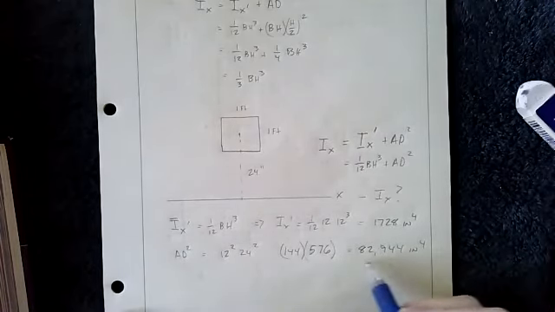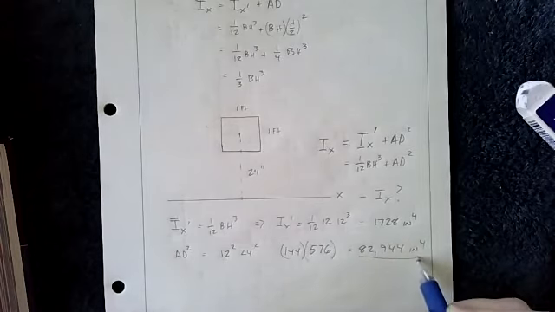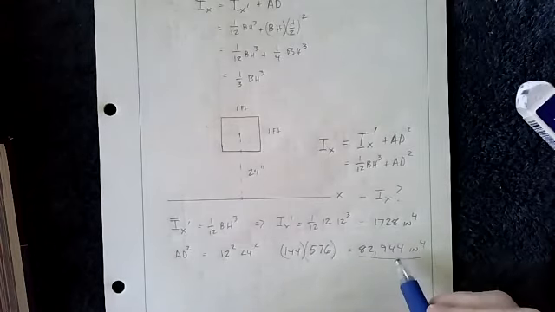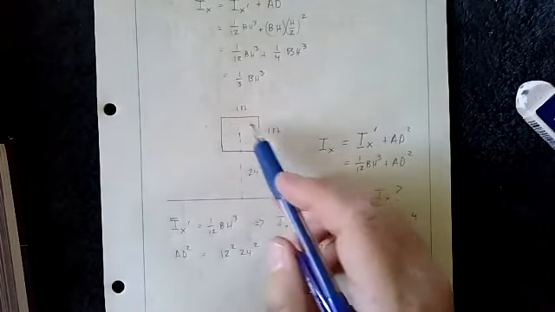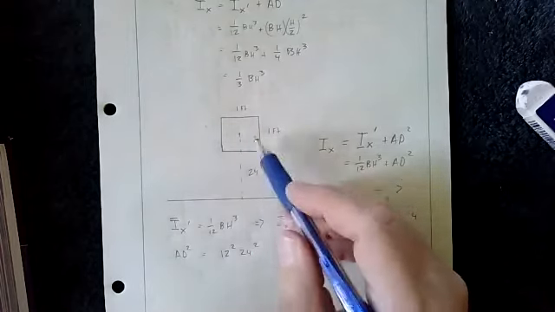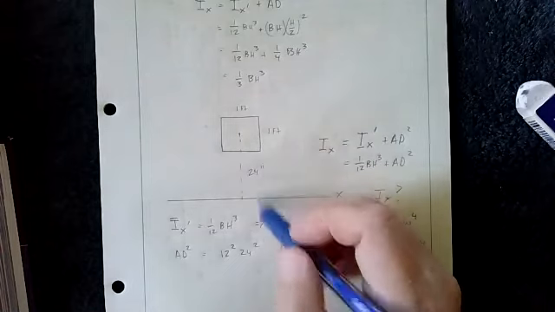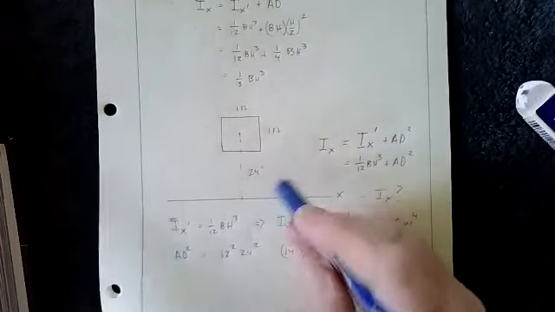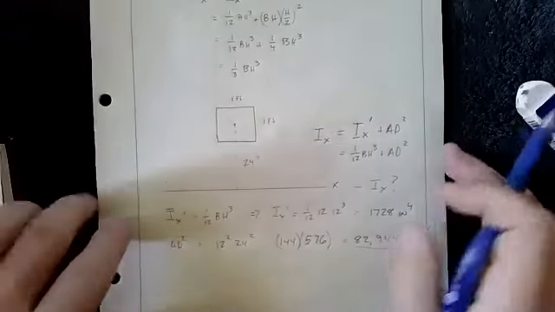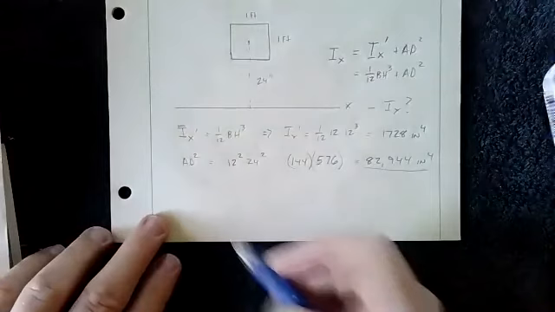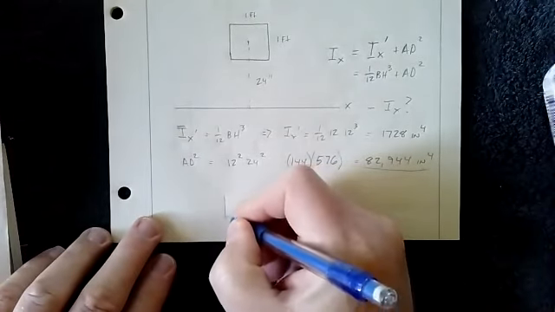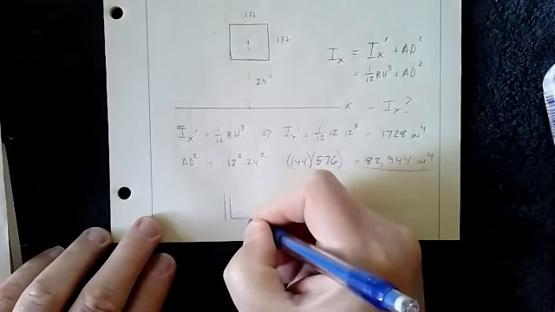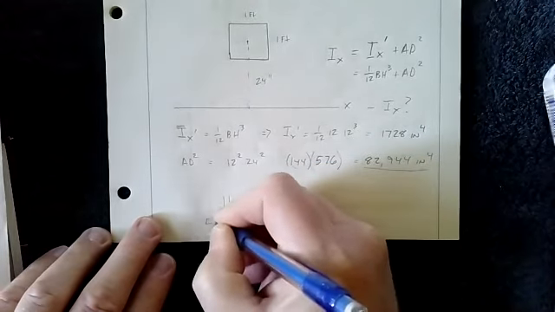So notice how much more moment of inertia is added just by moving it. And we didn't move it that far in the scheme of things. This is 12 by 12, and we moved it 2 feet. So it's not really that big a deal. But because of that power of the moment of inertia rising, that's the reason why when you look at an I-beam in a large structure, the I-beam looks like this.